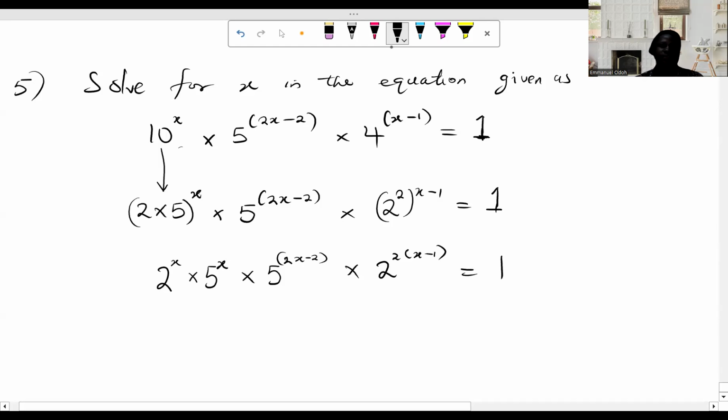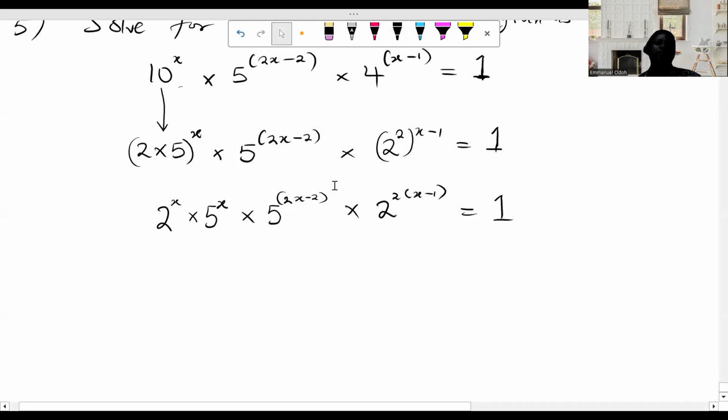I'm leaving this as it is. So I can bring those that have the same base together. So this one and this one have the same base, so I'll bring them together: 2 to the power of x times 2 to the power of 2x minus 4.